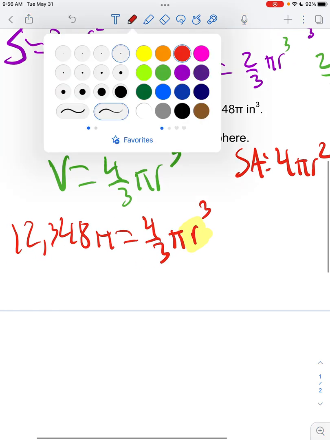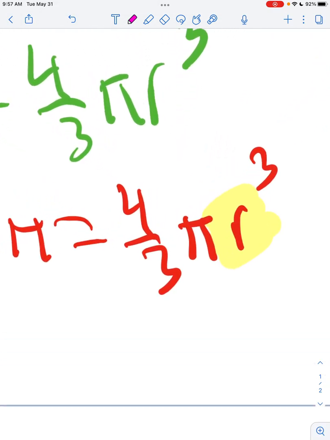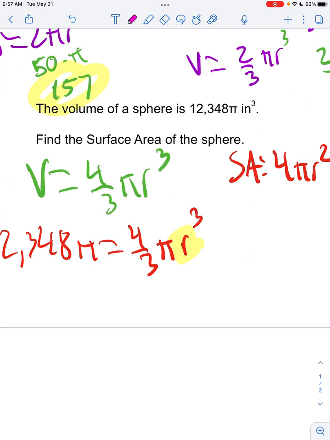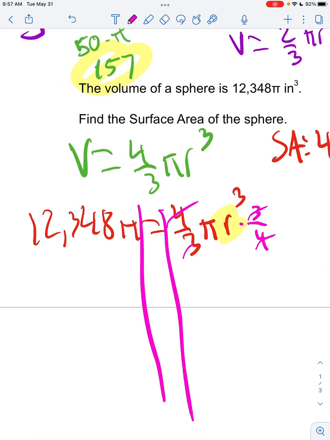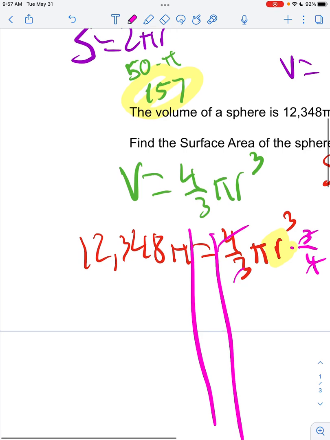So the first thing we're going to do is undo 4/3. To undo 4/3, we're going to multiply by 3/4. And it's going to cancel out. But if I do that on the left, I better do that on the right as well. So 3 times 12,348 pi.